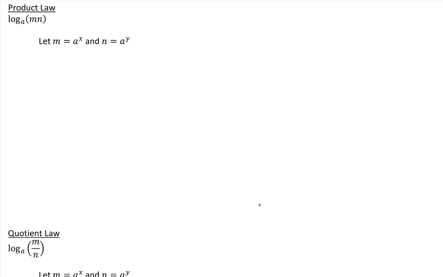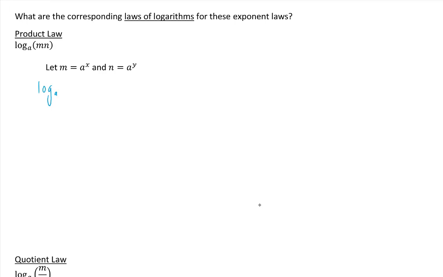A proof of the product law starts with: let m equal the power a to the exponent of x and n equal the power of a to the exponent of y. So therefore log base a of m times n is equal to log base a of a^x times a^y.